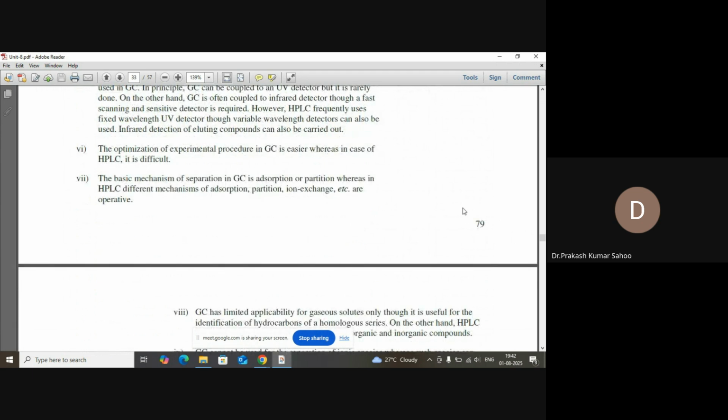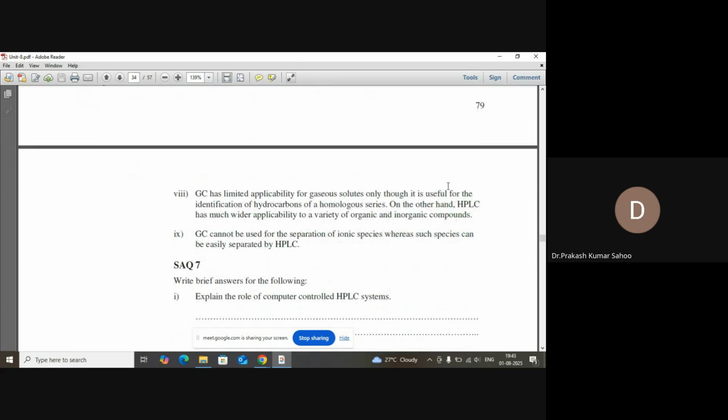The optimization of experimental procedure in GC is easier, whereas in case of HPLC it is difficult. The basic mechanism of separation in GC is adsorption or partition, but in HPLC it is either adsorption, partition, ion exchange, or size exclusion, etc.